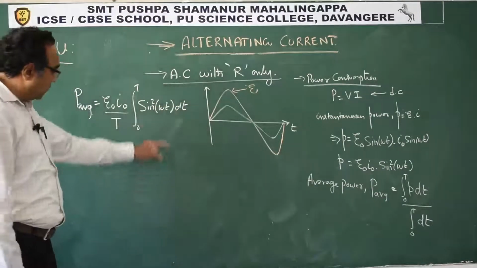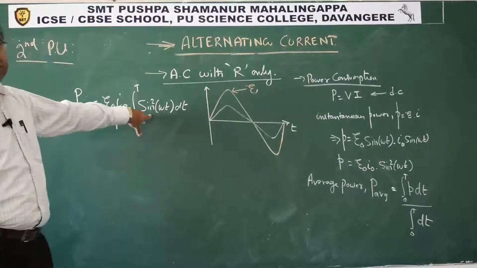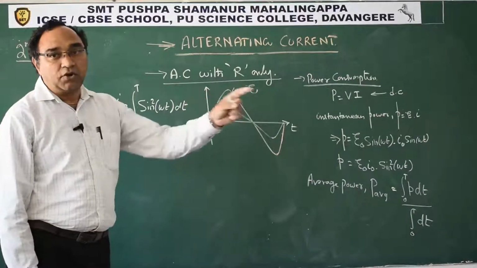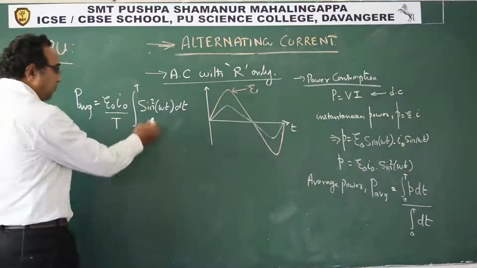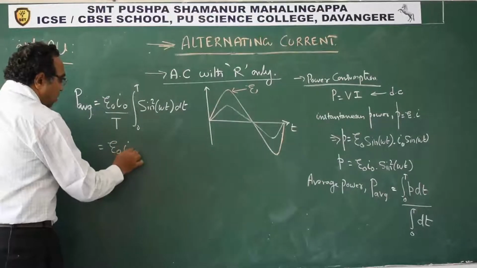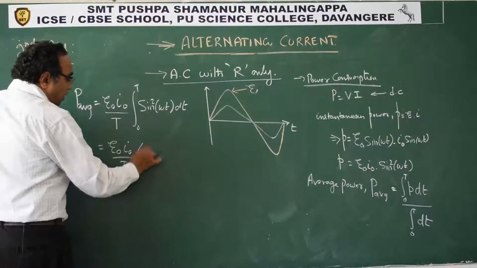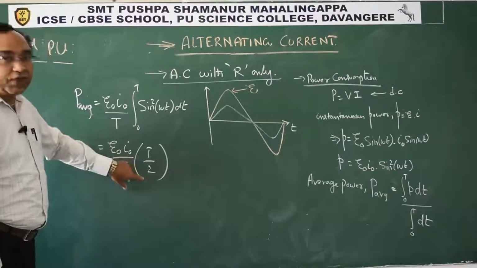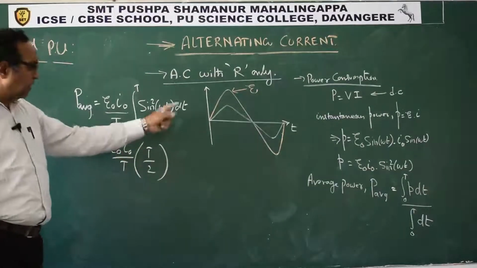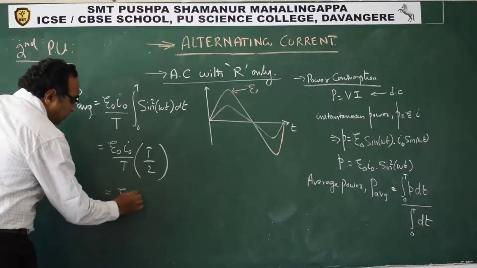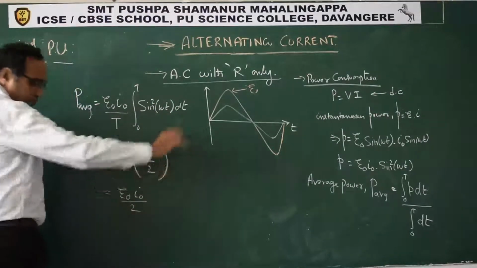Just in the previous class, when we found the RMS value, we did integration of sine square omega t. What did we get? We got T by 2. We can use that information here directly, or you can try it as an exercise. So this we get as E naught I naught by 2.